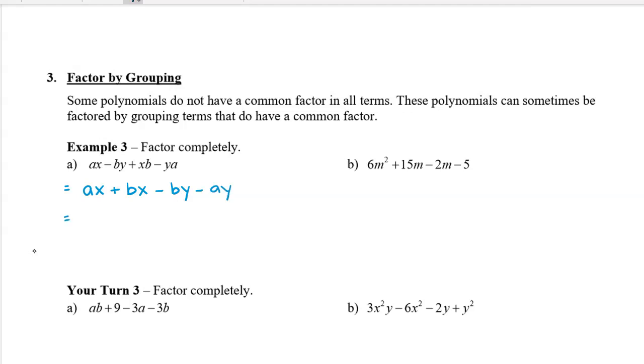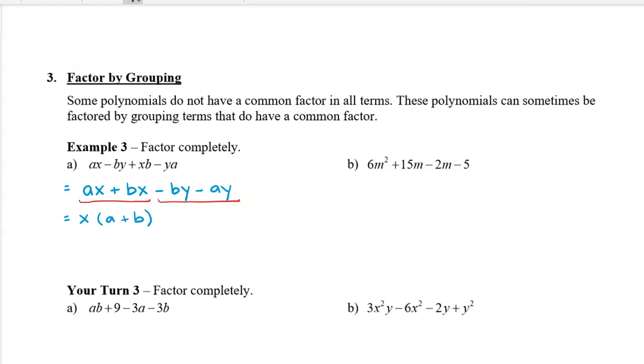All right, so we're going to take a look at the first two terms, and then the second set of two terms. From the first two terms, I can factor out an x. So we place divide by x. So ax divided by x is a, bx divided by x is plus b. And I'm going to close my bracket.